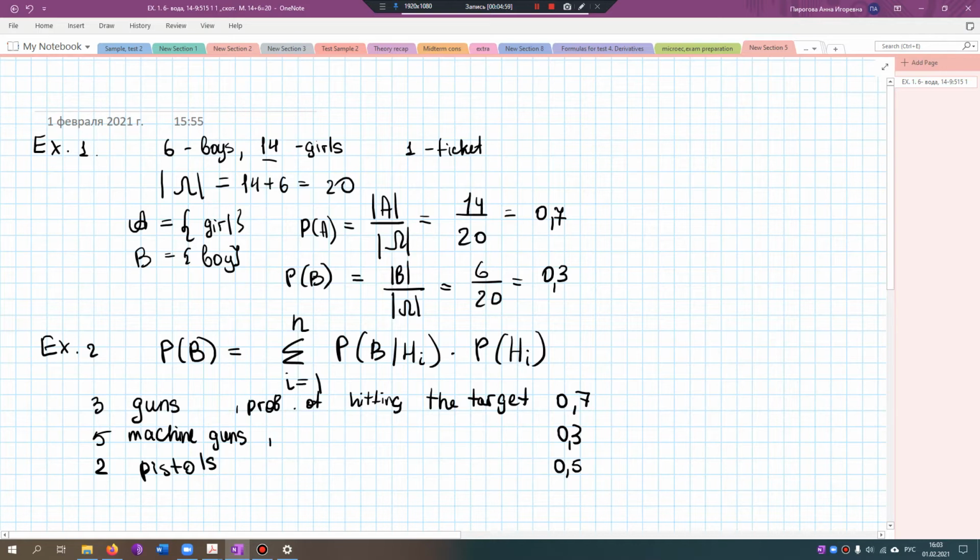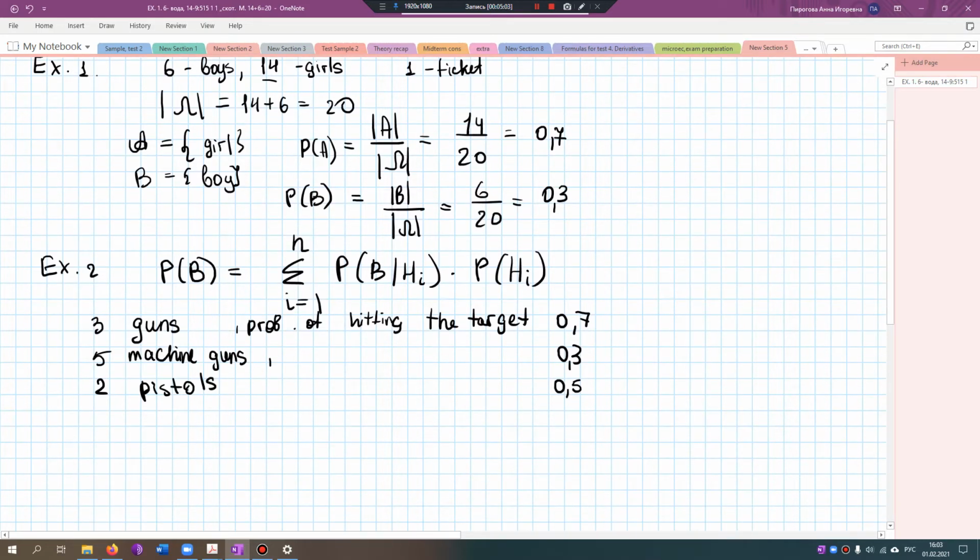And we need to find the probability of event B, which we can describe as hitting the target and taking the weapon at random.